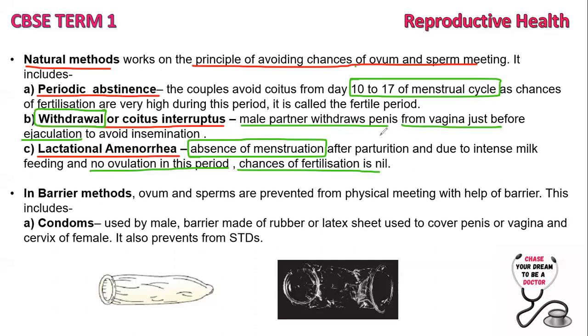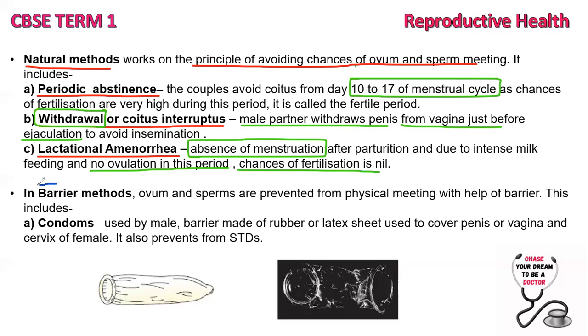Second, the withdrawal or coitus interruptus method, where the male partner withdraws his penis from the vagina just before ejaculation to avoid insemination. Third, lactational amenorrhea, which is the absence of menstruation during intense lactation, where no ovulation occurs, so chances of pregnancy are almost nil.